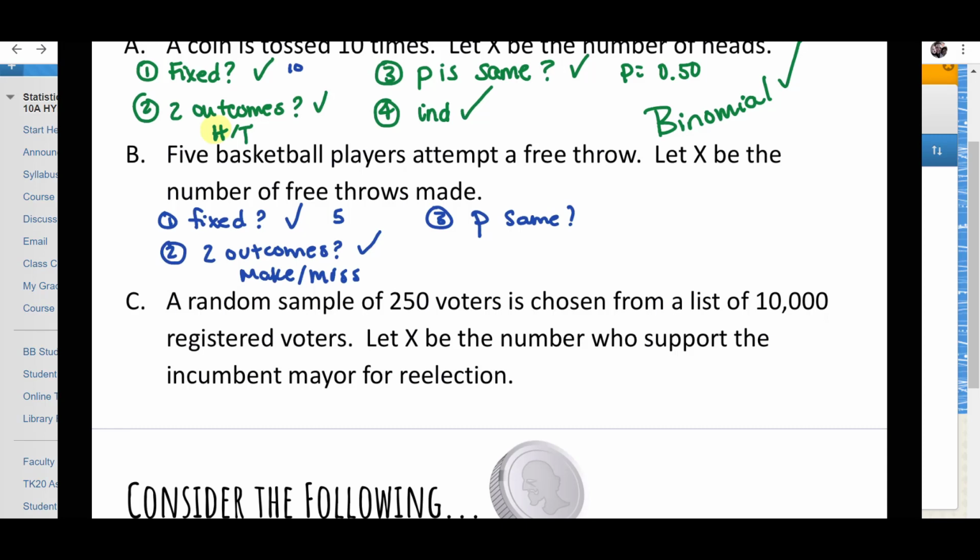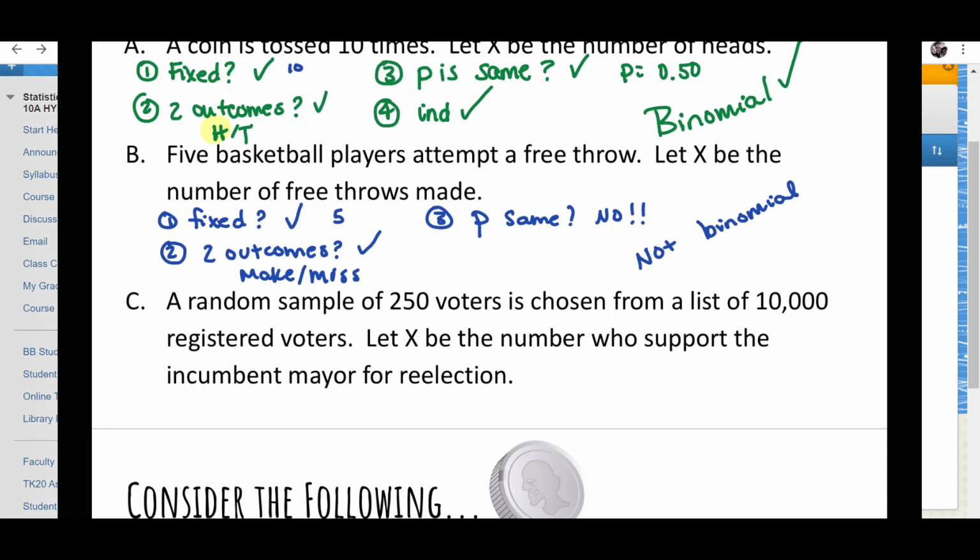Some may do better at free throws than others. So with that said, the probability is not the same, because we're dealing with 5 different players who have 5 different skill levels. Their probabilities of making a free throw are not the same. So this is not binomial.